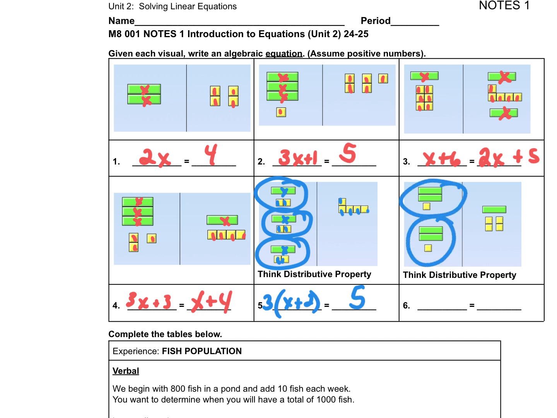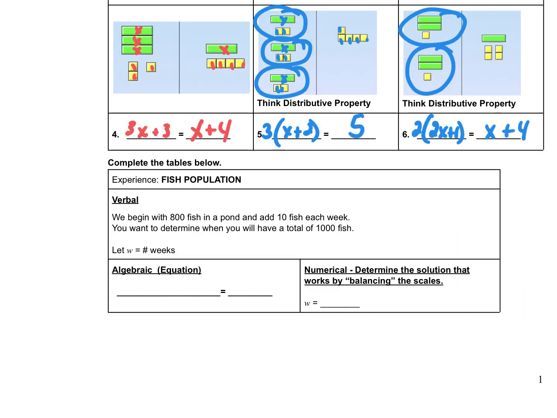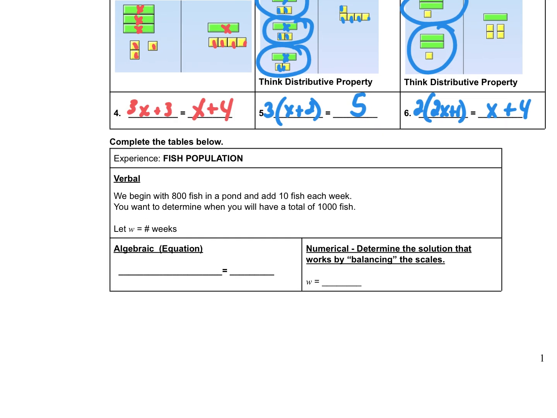So this is 2 groups of 2x plus 1 equals x plus 4. Now we're going to take these visuals and we're going to make it look like algebraic equations. Okay, and then we're going to solve.